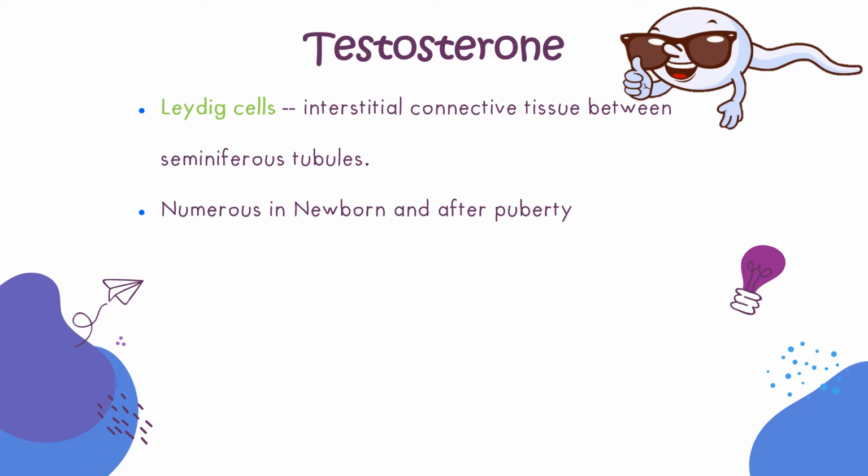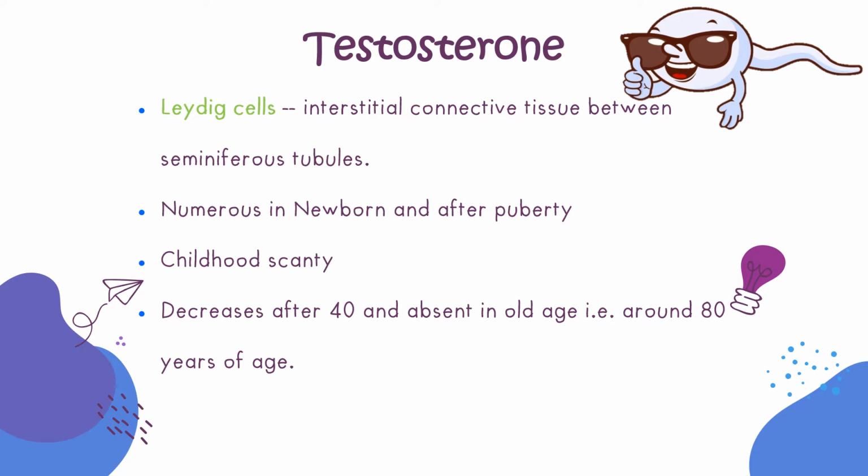So the androgens are secreted in infancy and also after puberty. In childhood, Leydig cells are scanty, almost non-existent. So during childhood, practically no testosterone is secreted from the testes until the age of 10 to 12 years.